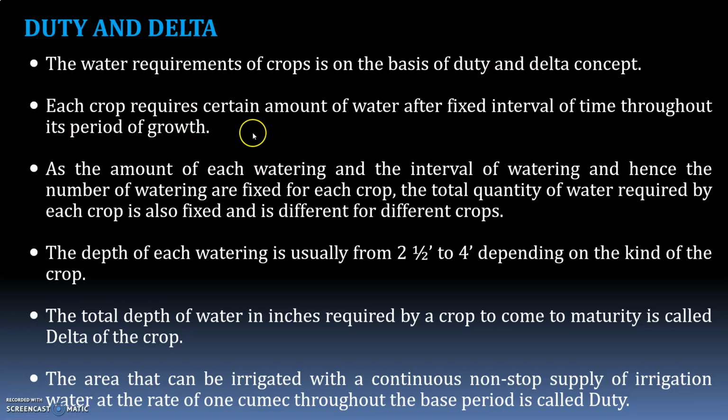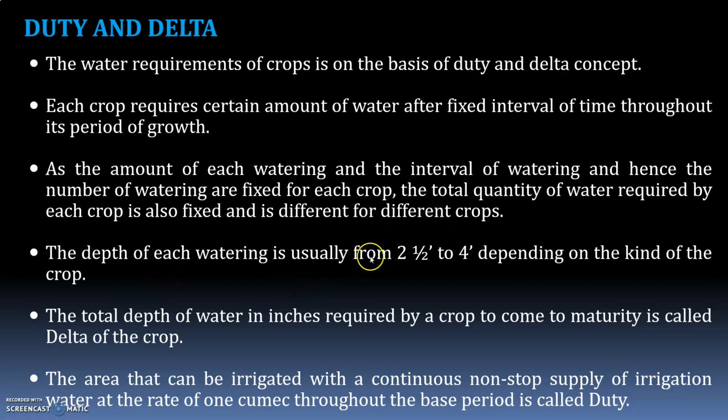Each crop requires certain amount of water after fixed interval of time throughout its period of growth. As the amount of each watering and the interval of watering and hence the number of waterings are fixed for each crop, the total quantity of water required by each crop is also fixed, and it is different for different crops.